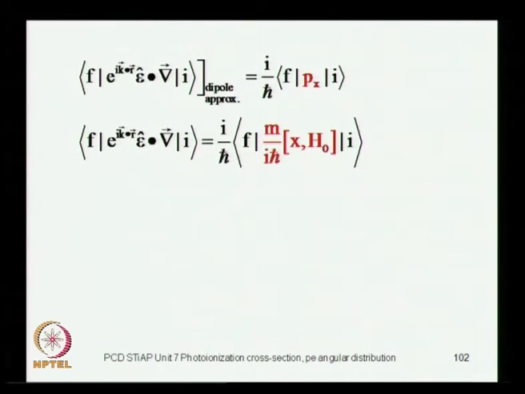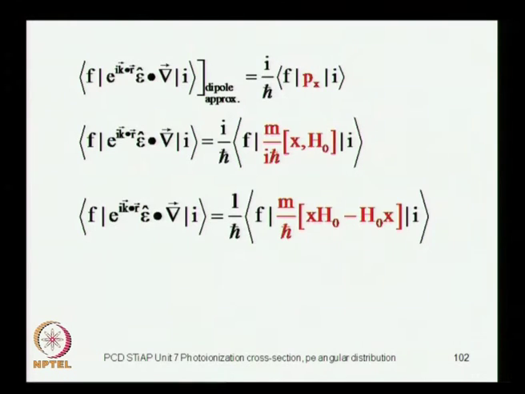So, you can write the matrix element of the momentum operator, or effectively, in terms of the commutator x with H 0, and now you take the x H 0 commutator explicitly which is x H 0 minus H 0 x.